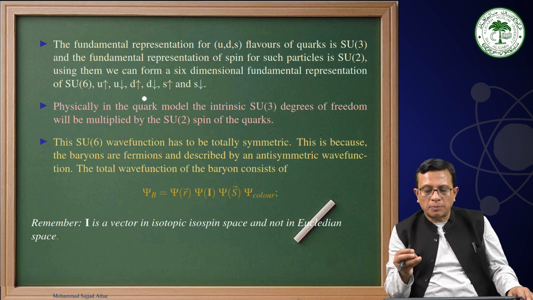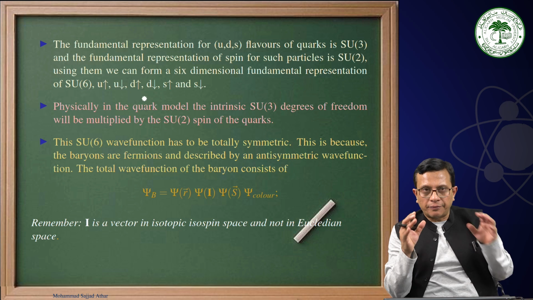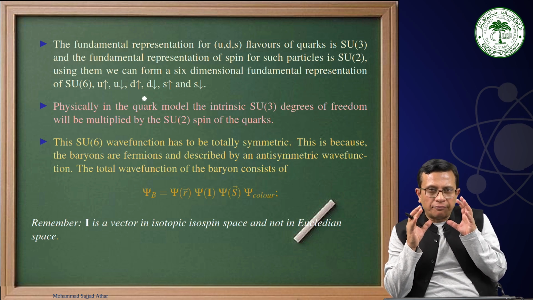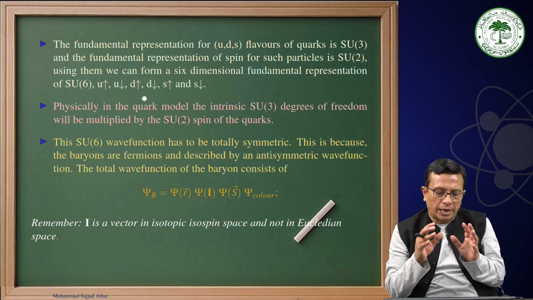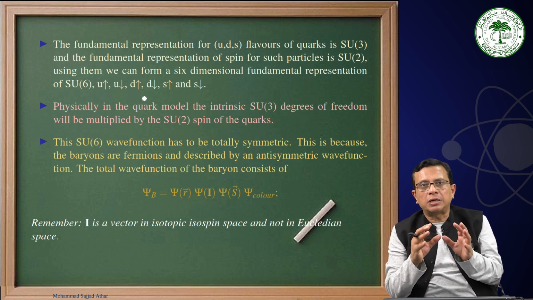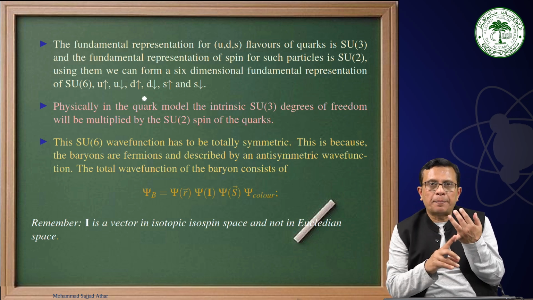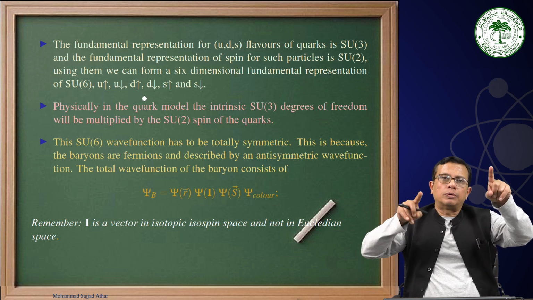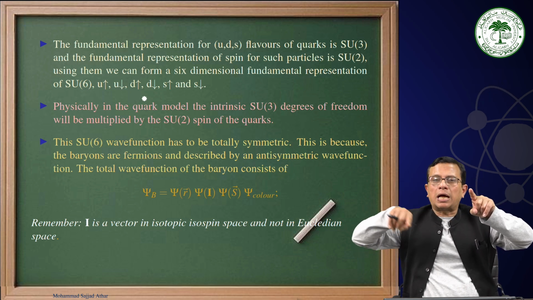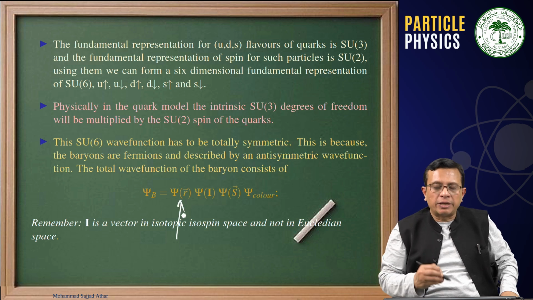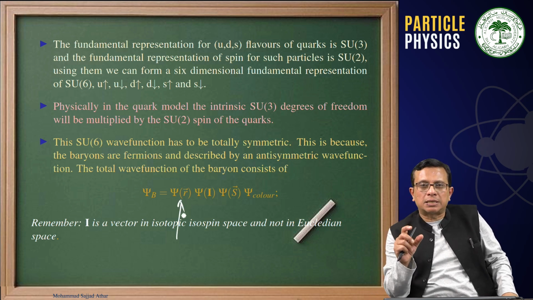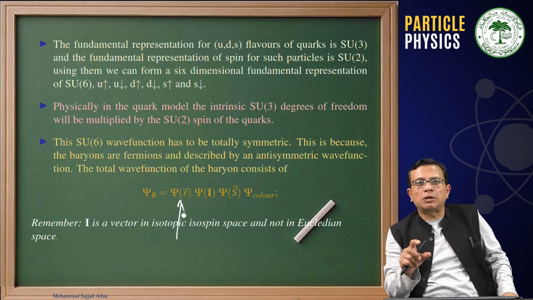And if we are talking about antisymmetric wave functions, then we have to be careful. When we are talking about the total wave function of the baryons, we have to keep in mind that the baryon wave functions will depend upon how these three quarks are localized in space, and that means the wave function that is describing the position of the quarks.